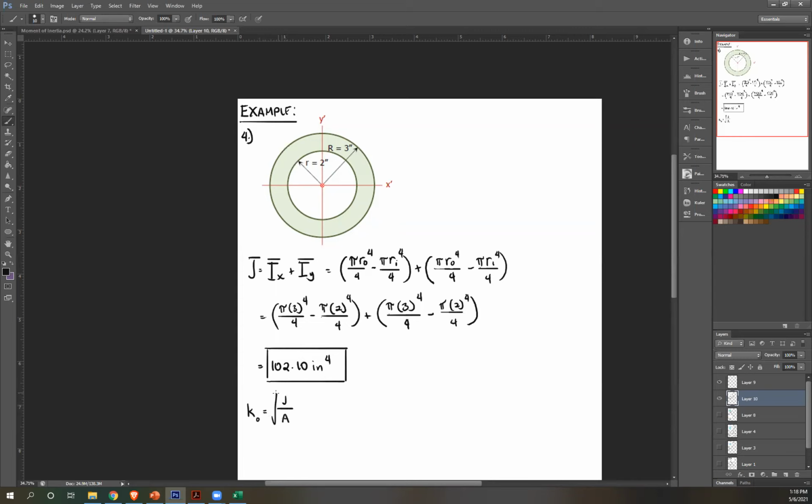So J, use the stored value of this, over A, the area of your shaded region. That's just the area of a ring, and we know the area of a ring is pi times outer squared minus inner squared. So 3 squared minus 2 squared, right? Your solid mensuration. Please solve, what's the final answer?